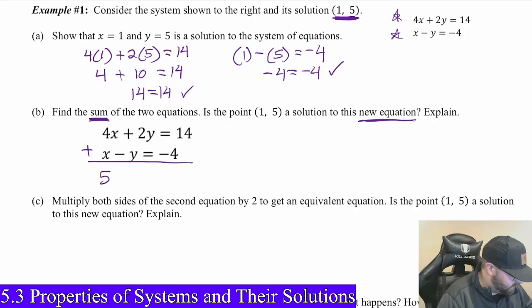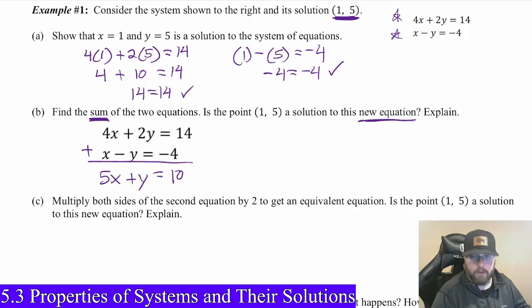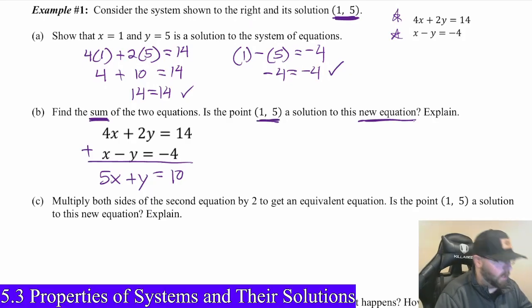We get 5x plus y equals 10 for our new equation. We're going to plug in 1 for x and 5 for y to see if it's still a solution.